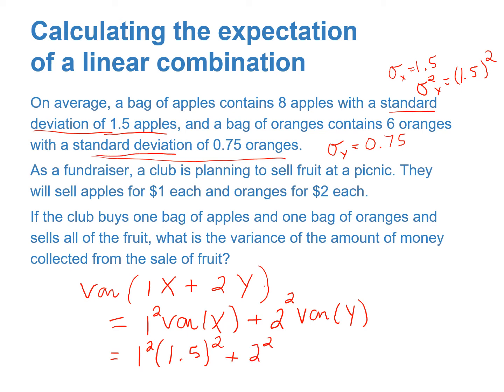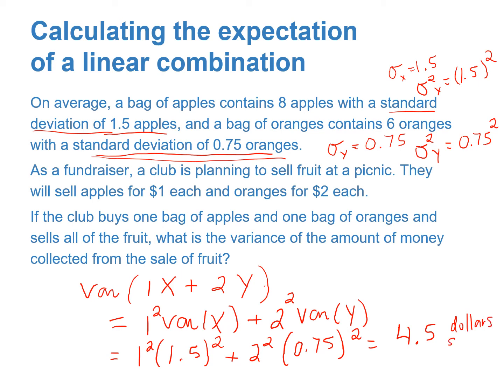We're given the standard deviation of y, so the variance, sigma squared of y, is going to be 0.75 squared. We do our calculations. This will give us a variance of $4.5 squared.